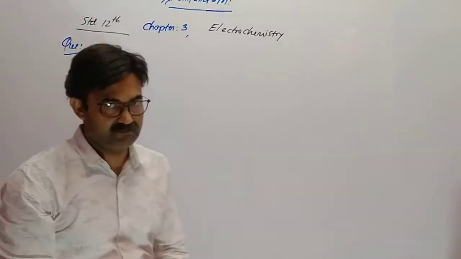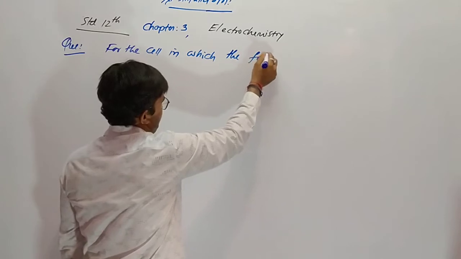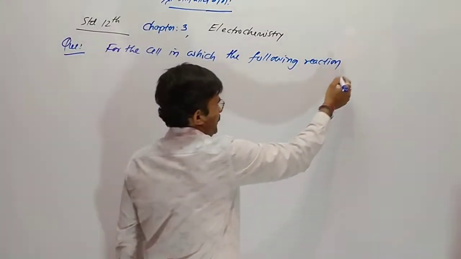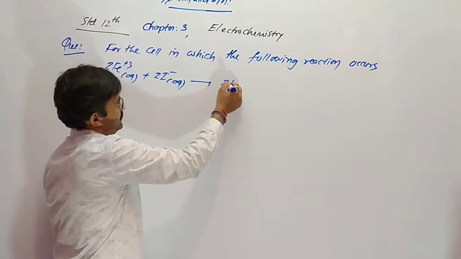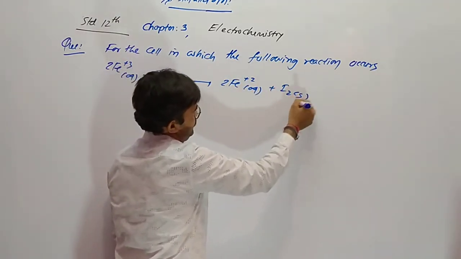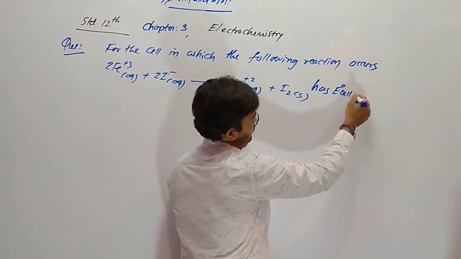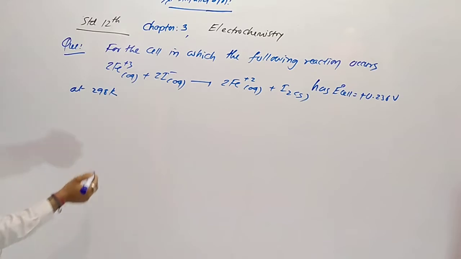For the cell in which the following reaction occurs: 2Fe³⁺(aq) + 2I⁻(aq) gives 2Fe²⁺(aq) + I₂(s). It has E° cell, meaning standard cell potential, of 0.236 volt at 298 Kelvin temperature.